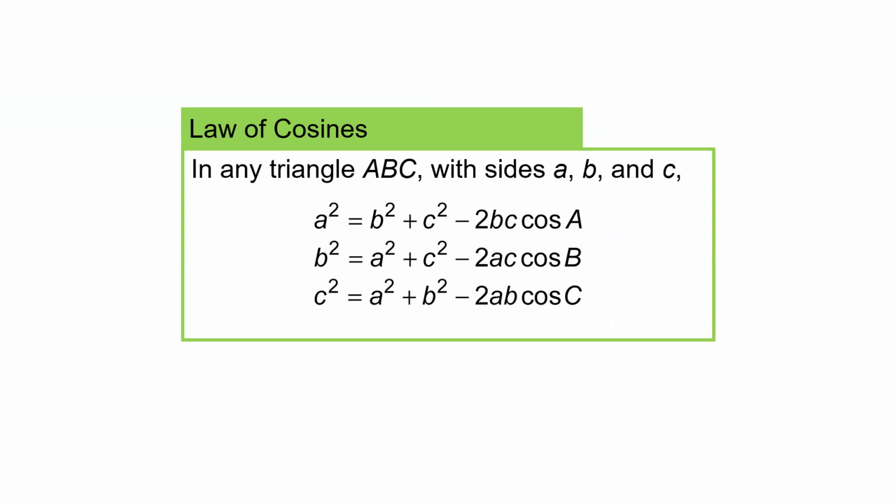This is our SSS situation. If I'm looking for an angle, that means I'm going to be using what, cosine inverse? If I'm looking for an angle, I got to use the inverse.